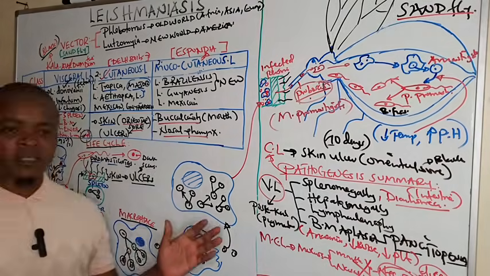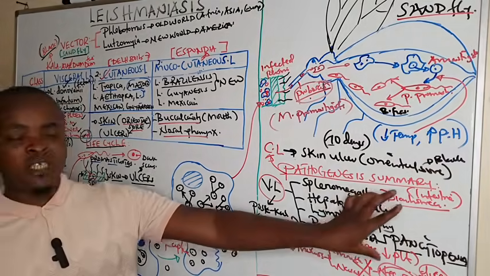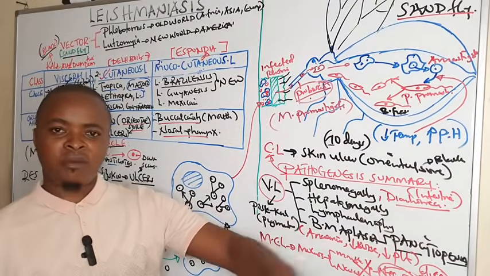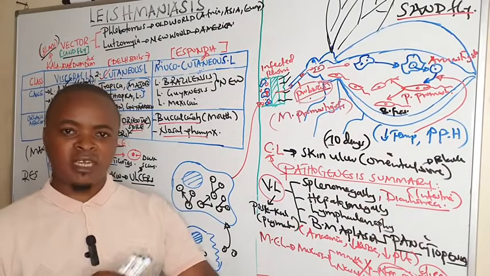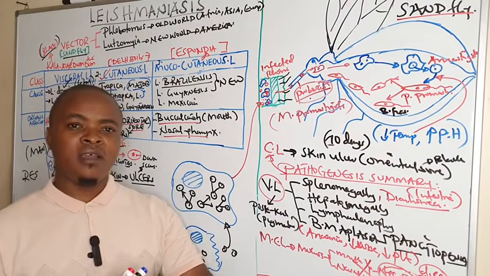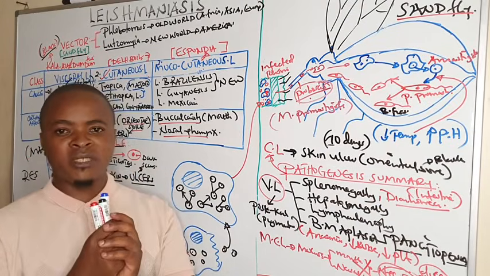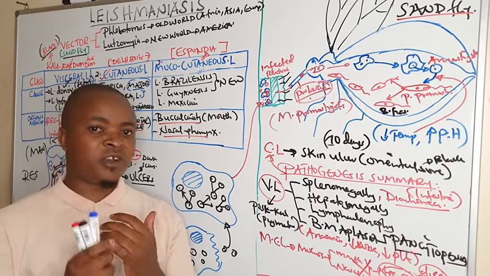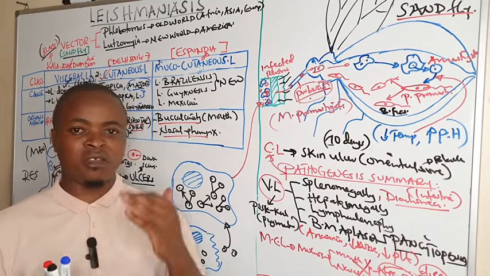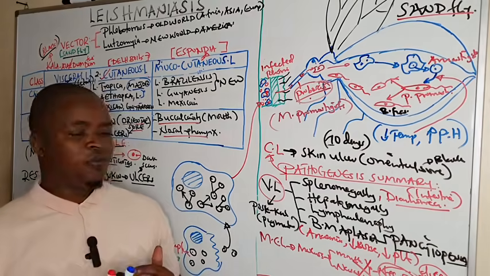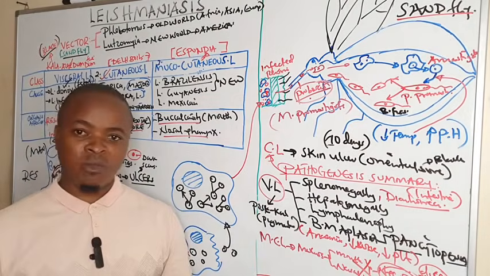The signs and symptoms depend on the organ infected: the blackening of the skin and presence of skin ulcers for cutaneous, then lesions and necrosis within the mucous membrane, which can result in difficulty in breathing and eating due to the presence of inflammatory tissues within the mucous membrane.